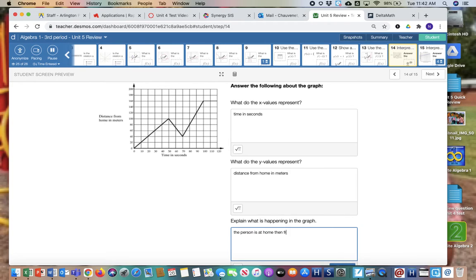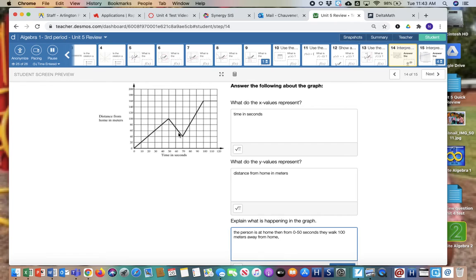Then from 0 to 50, everybody see how it stops at 50 seconds, they walk. Notice how far they are from home, 100 meters. They walk 100 meters away from home. So that takes us from here to here, right? Because it's at 50 seconds, they've walked 100 meters away.